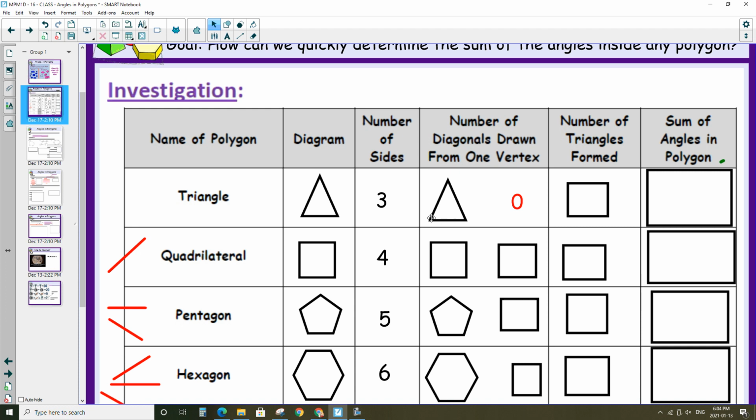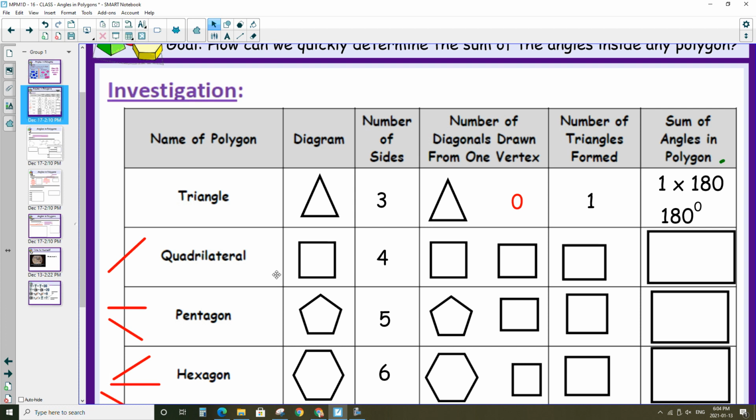In this case, you can't do that, because if you join those vertices together, you're not going to create a new triangle. So for this one, it's going to be 0. The number of triangles is 1. The sum of the angles in the polygon is going to be 180 degrees, so it's the number of triangles times 180 degrees.